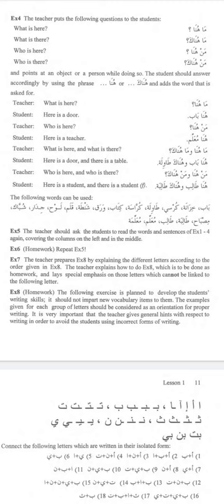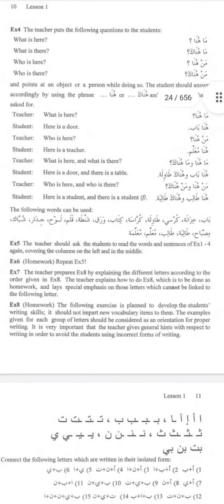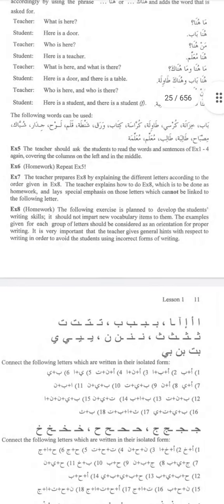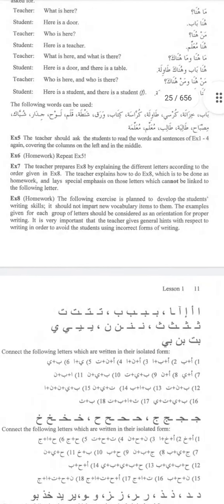So it's getting you accustomed to not seeing vowel signs or auxiliary signs on words. You need to get accustomed to the fact that on a standard note, auxiliary signs or vowels are not included in written Arabic. Some of the words are being repeated here. You can go through it and read through it.